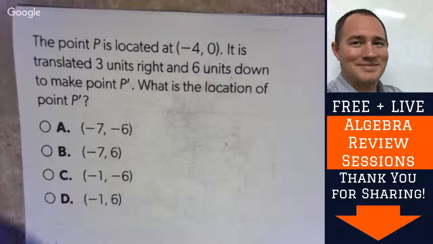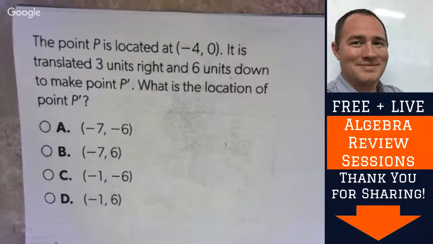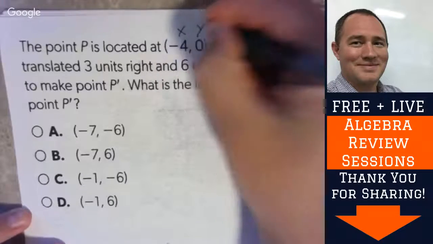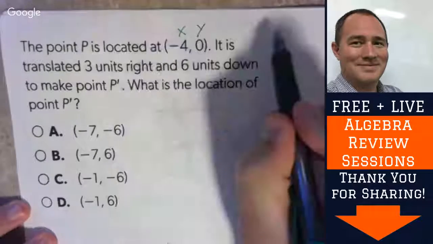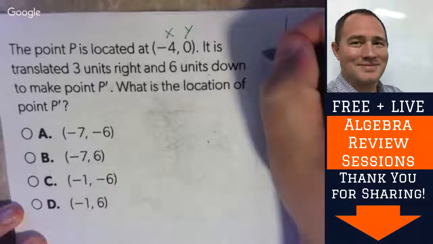Okay, next example. The point P is located at (-4, 0), and it's translated 3 units to the right and 6 units down to make point P prime. So if we're translating to the right, and we think of this as an XY coordinate, on a graph, I can draw a little one here.